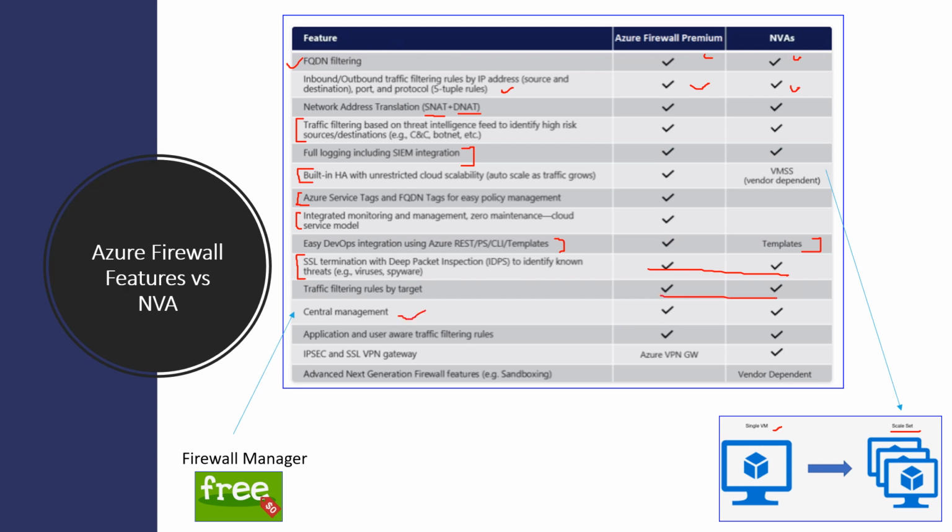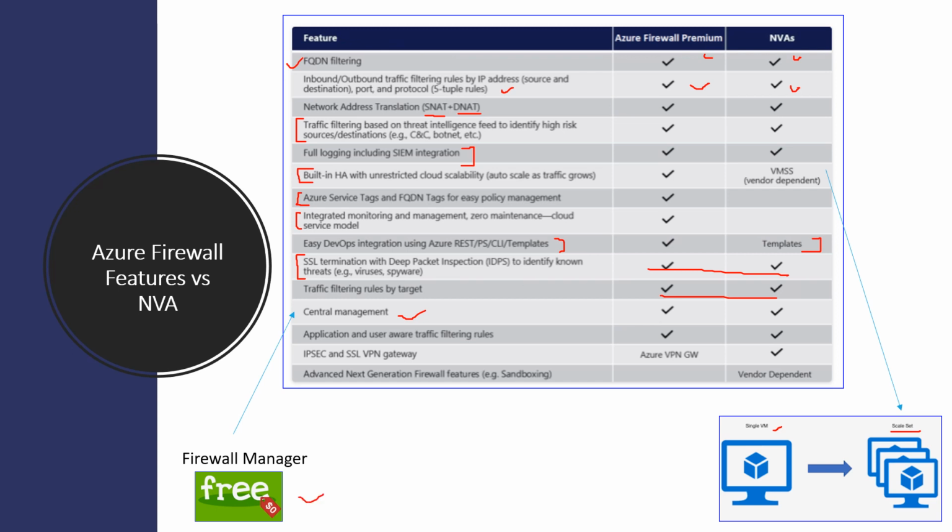Central management, obviously for NVAs, for example, if you go for Palo Alto, there is a management platform called Panorama, you can go for that. And similarly in Azure Firewall, for that kind of management, you can opt for the Azure Firewall Manager service, which is free of cost as well.